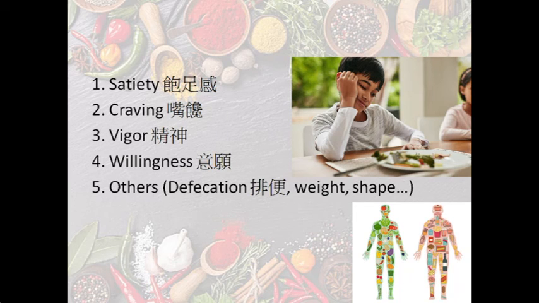The content of self-evaluation covers 5 categories, and these aspects are the most obvious standards that show the effect of a healthy meal plan. So in the self-evaluation, students should share whether, compared to their original eating habits, there are differences in the satiety caused by different food, their own cravings for unhealthy meals or dessert, the change and extent of vigor, or their willingness to keep using the healthy meal plan.